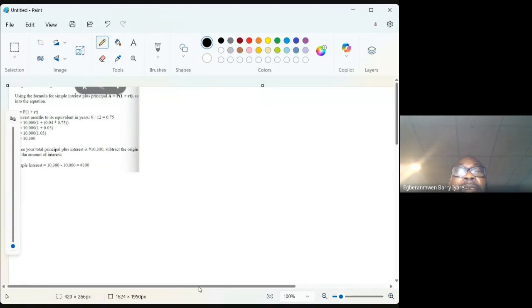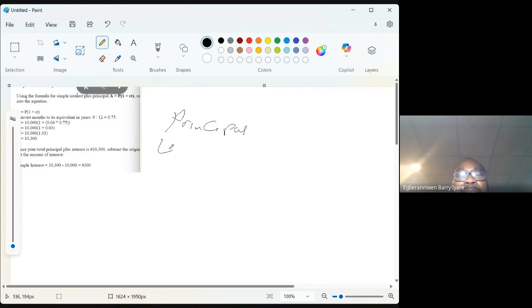The question given, we are asked to find the simple interest. We are given the principal. We are given the time. We are given the rate. It's just to find the simple interest. You can use the second formula I gave at the beginning. Let me go back. Look at the second equation there.